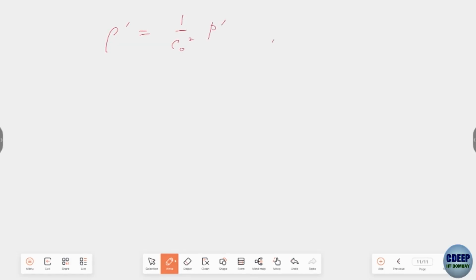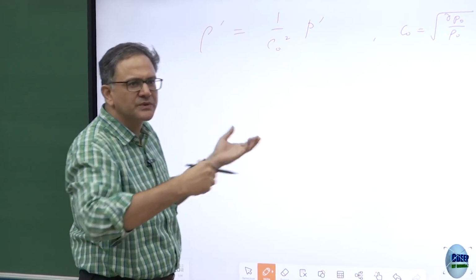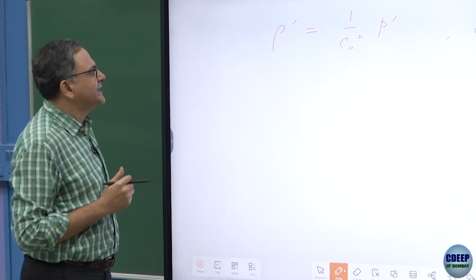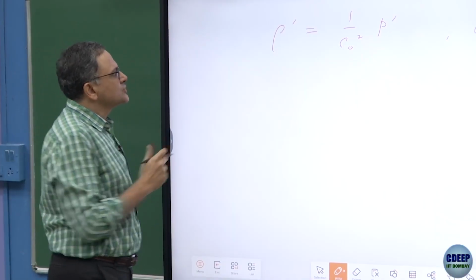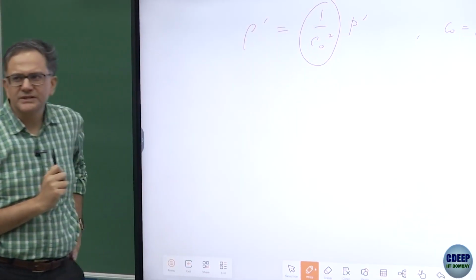Remember that C naught is equal to root over gamma P naught by rho naught, which we choose to call the speed of sound, because the information in the sound wave is propagating at that C naught speed. That is what we found from the solution, and that's again your homework problem to get mathematically. So the constant of proportionality is just 1 by C naught square, quite trivial.